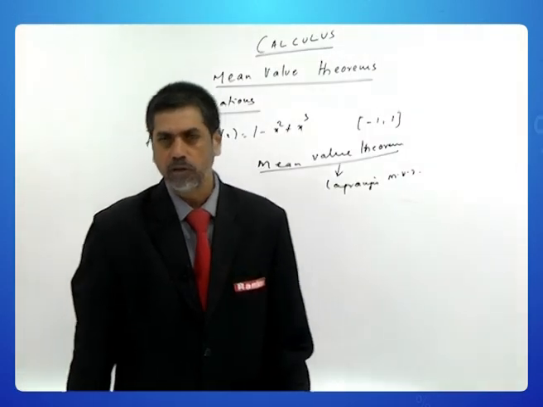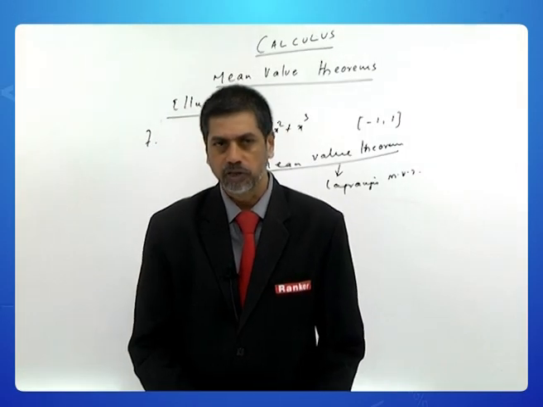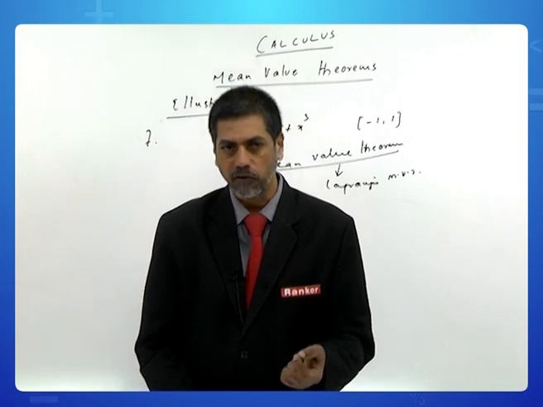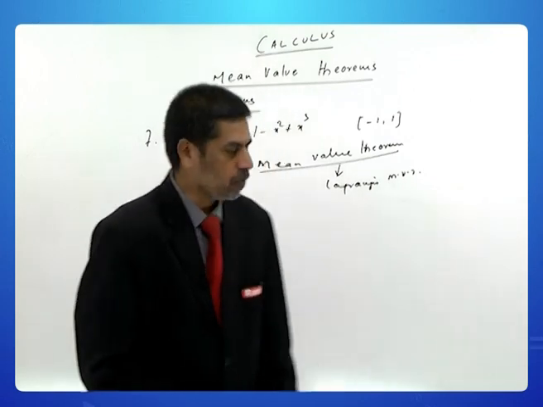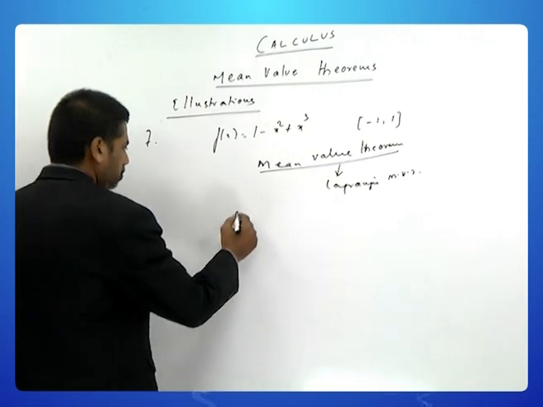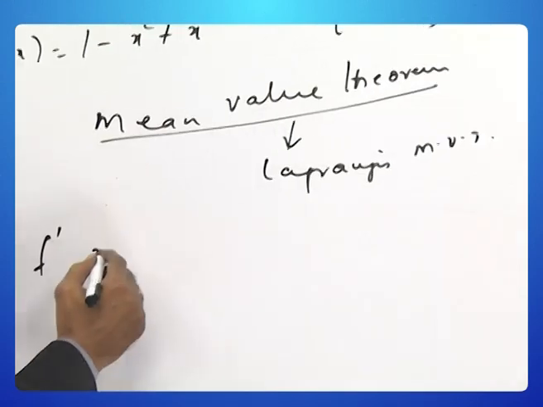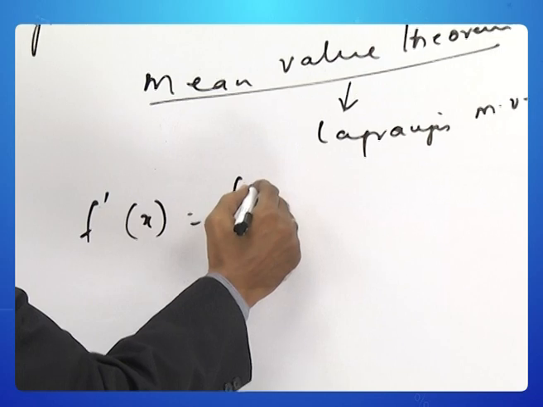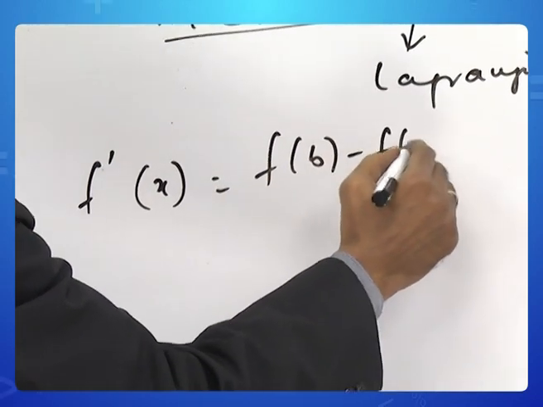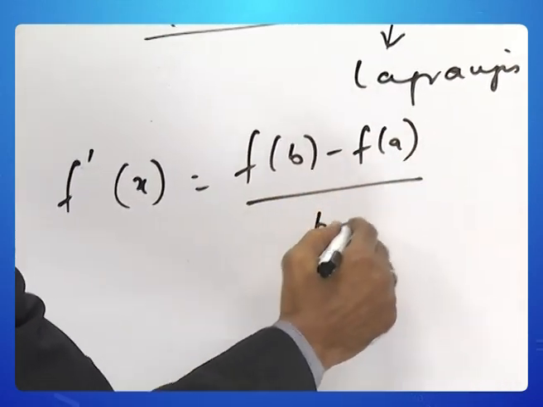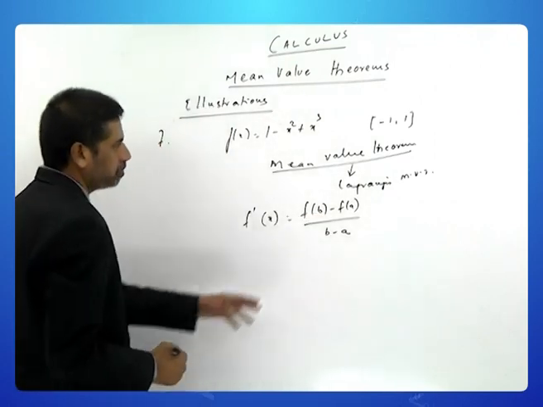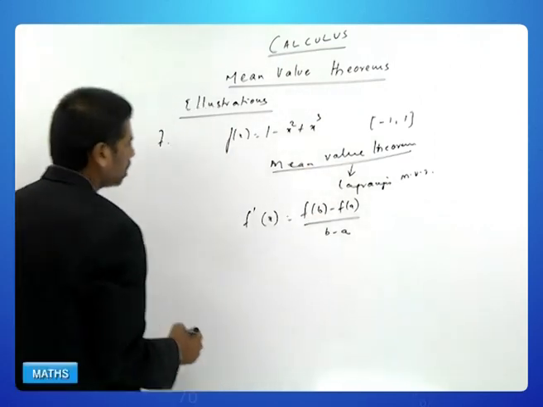So we will invoke Lagrange's mean value theorem to estimate the value of x for which this is valid. So remember, f dash x is equal to f of b minus f of a by b minus a, where a and b are the endpoints of the interval.